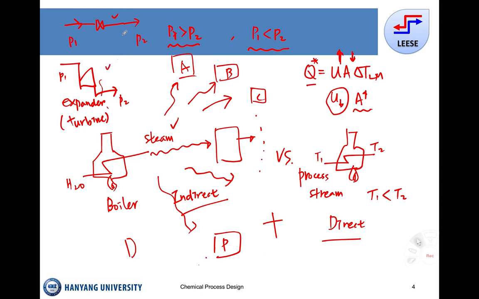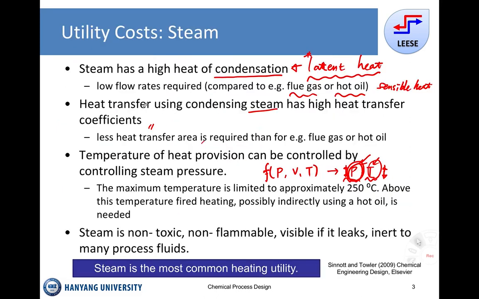When we decrease the pressure either by the JT valve or the turbine, then the temperature will be determined by the pressure at the outlet. So by changing the pressure through this device, we can control the temperature here. The maximum temperature is limited to approximately 250.